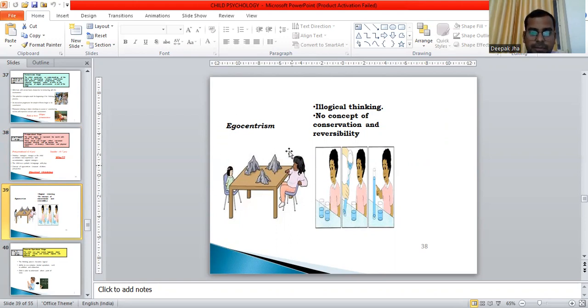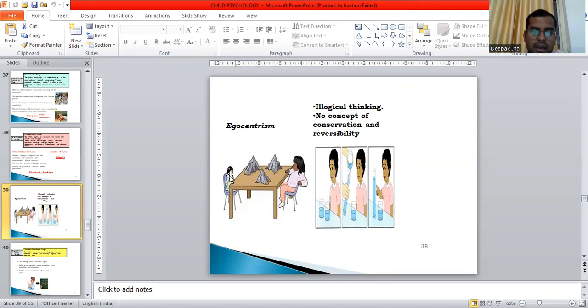The classical example is seen here. A child was placed alongside a table and asked to tell what he can visualize from this table. The child said that he could see a mountain, maybe a cow over here, but the child could not tell about the objects placed far from his sight.